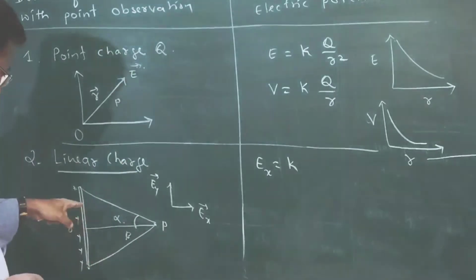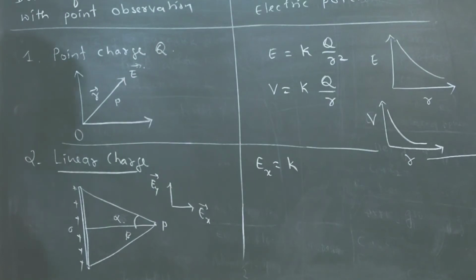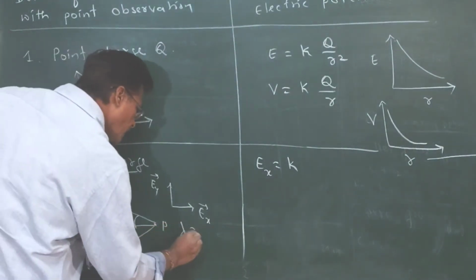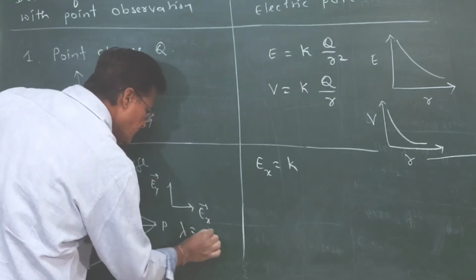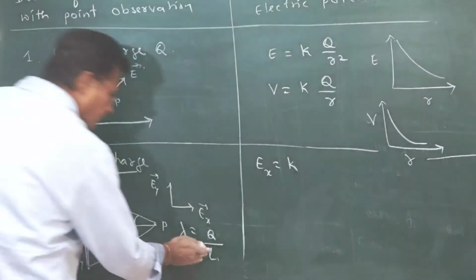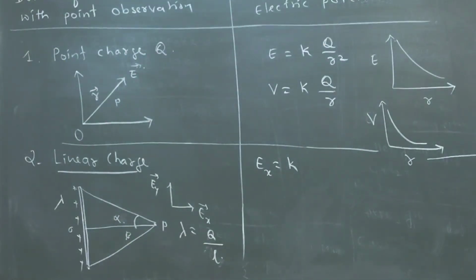Q is the charge. Here this is the linear charge we are taking, that is lambda. So lambda equal to charge per unit length, that is capital Q divided by L.